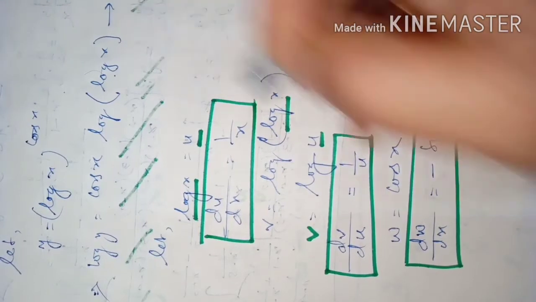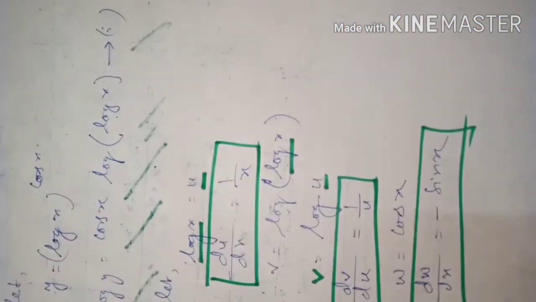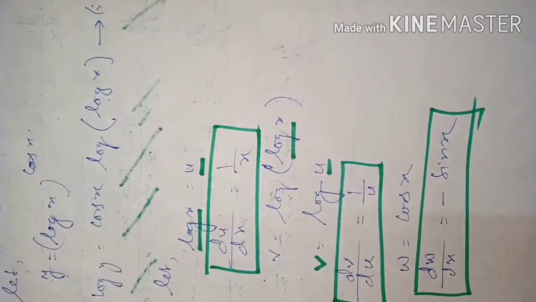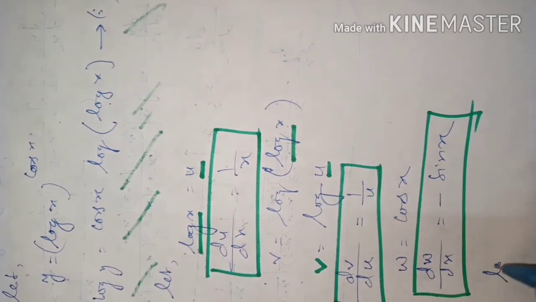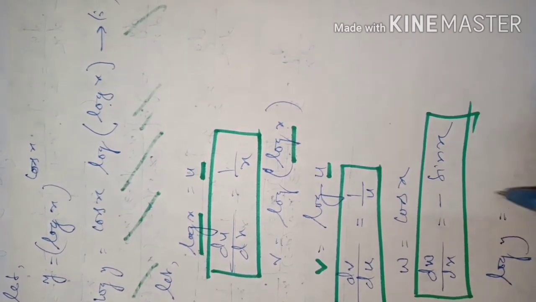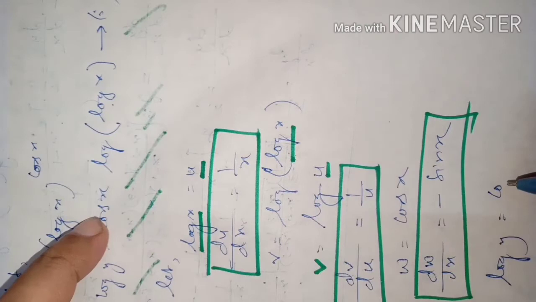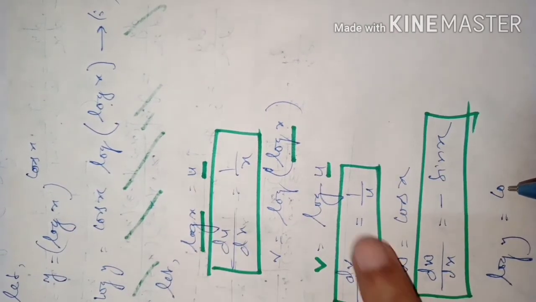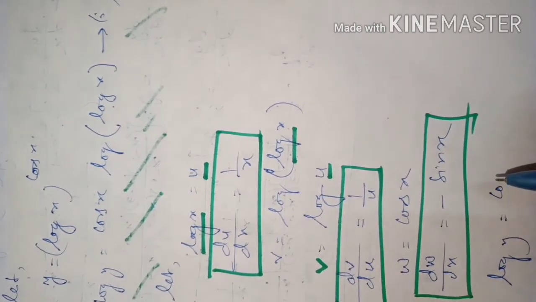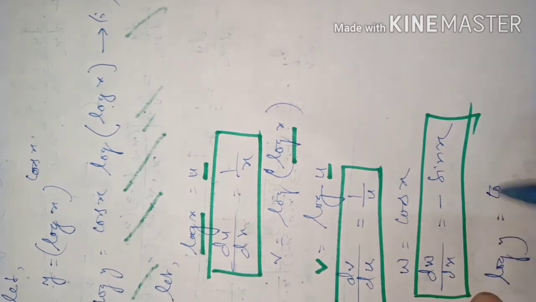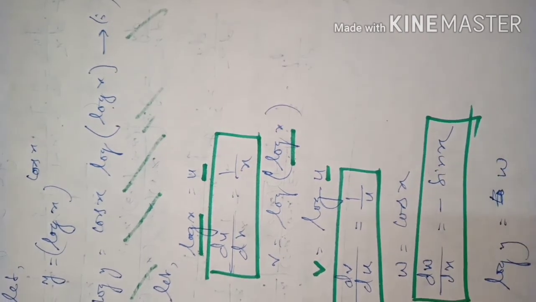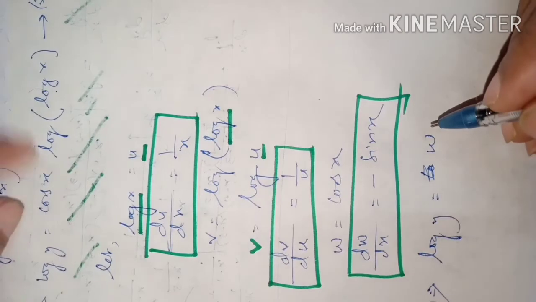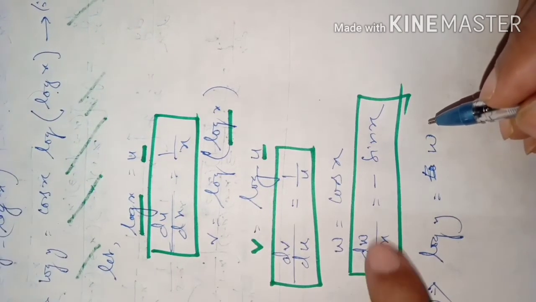If I rewrite expression 1, it will be log y is equal to cos x, which I have considered as w, into log of log x, which I have considered as v.